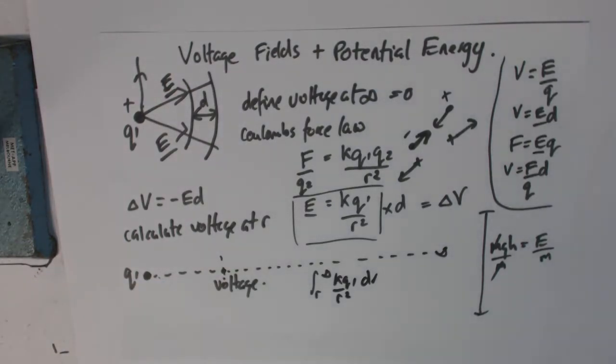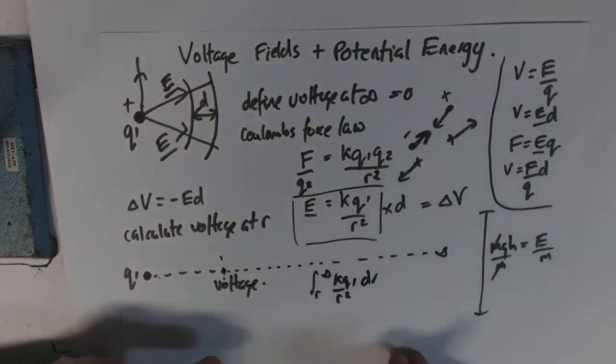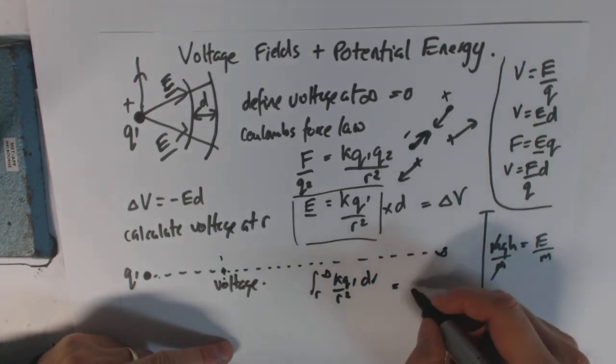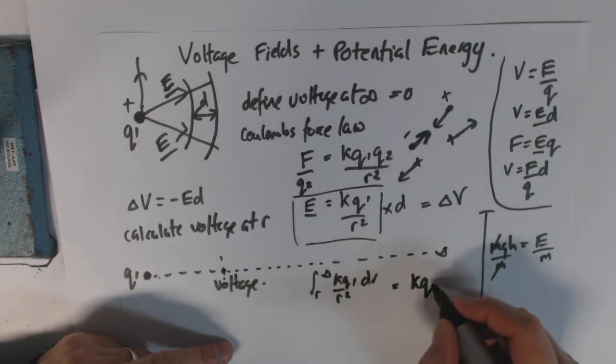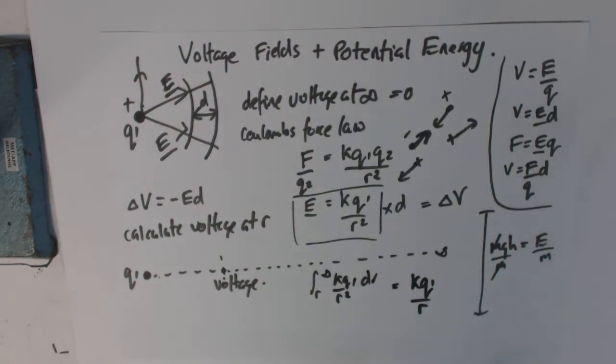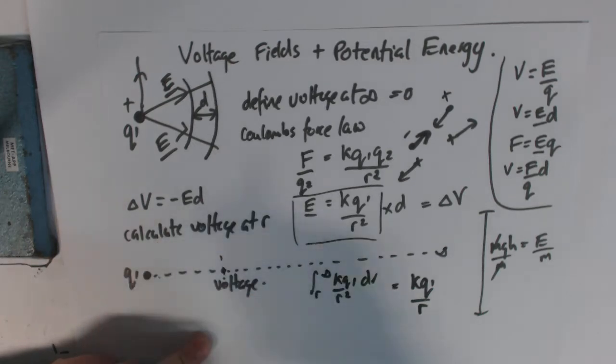And when we've done that integral, we'll come up with it being equal to K Q1 all over R. And that's our voltage, believe it or not. The only thing that gets a little messy here, but you can figure it out when you do it, is the negatives and positives. But the voltage for a positive charge ends up being a positive voltage.